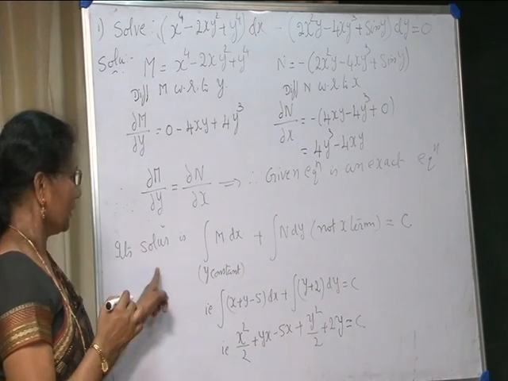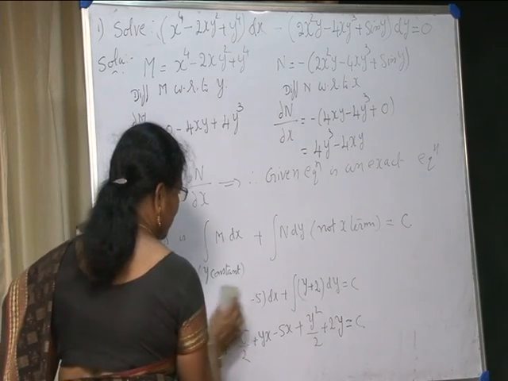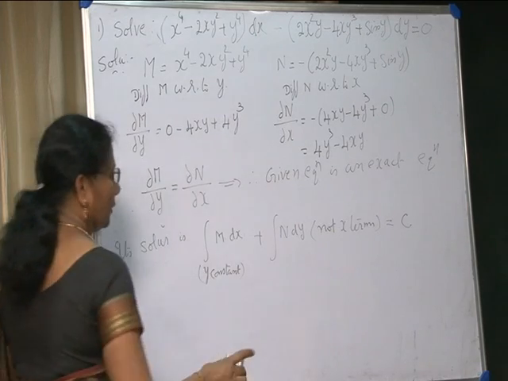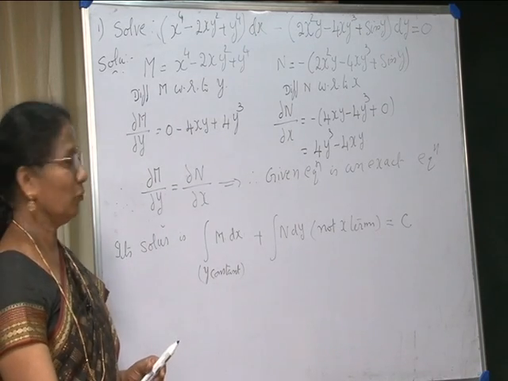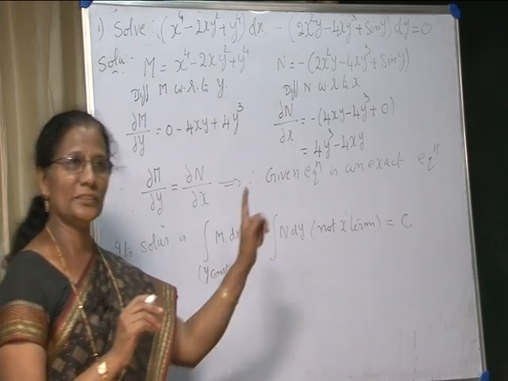Therefore, its solution is integration of M dx keeping y constant, plus integration of N with respect to y but not containing x terms.